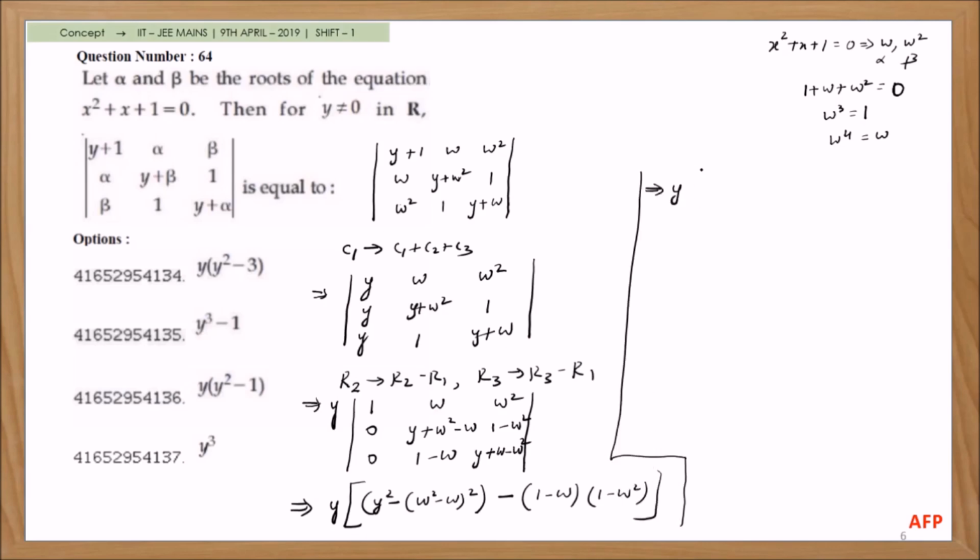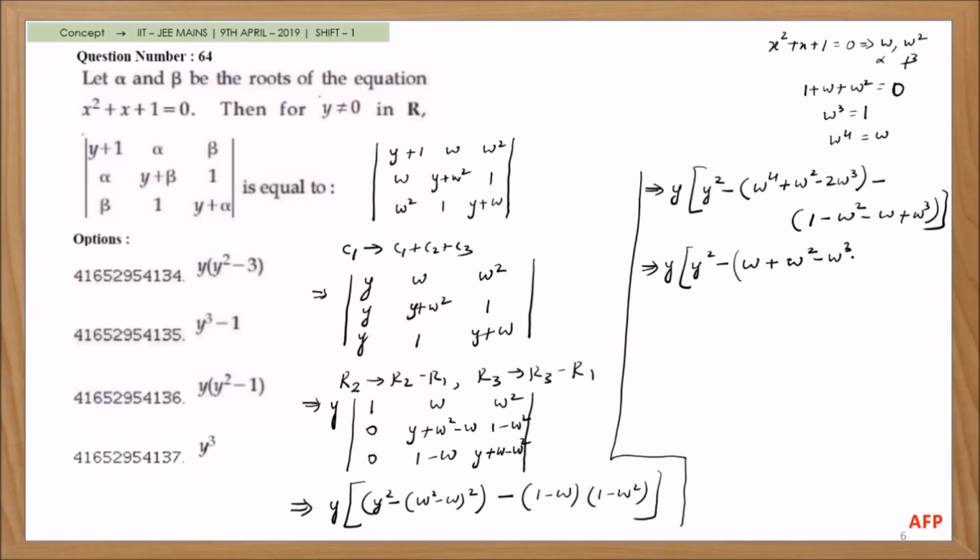This implies y into, so this you can write as omega raised to 4 plus omega square minus 2 times omega cube minus omega. If you multiply it inside, omega square minus omega plus omega cube. So omega raised to 4 plus omega square, and this you can write as minus omega cube, minus omega, minus, this one as it is y square.